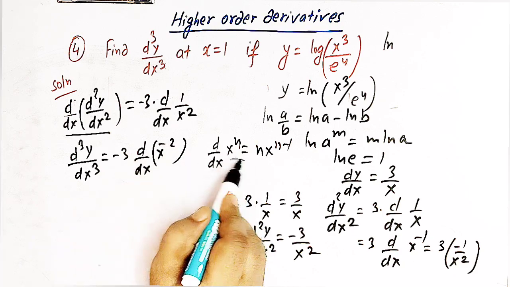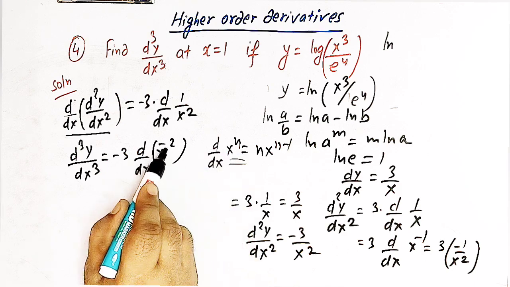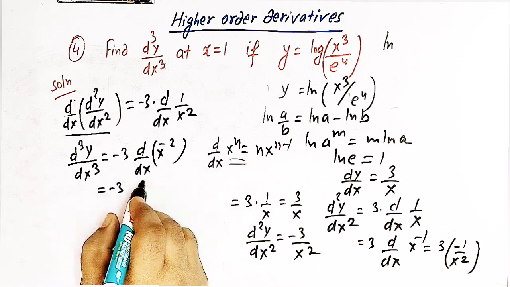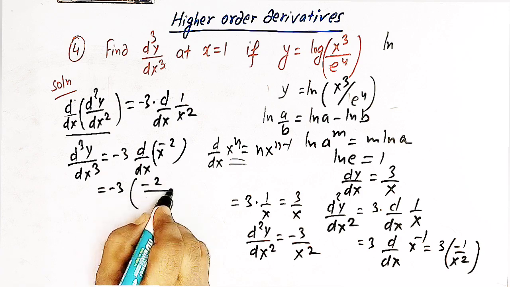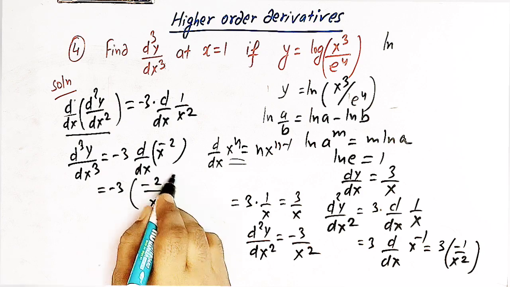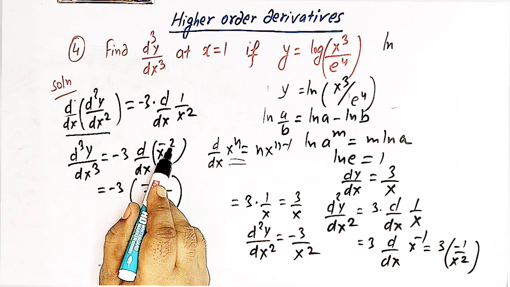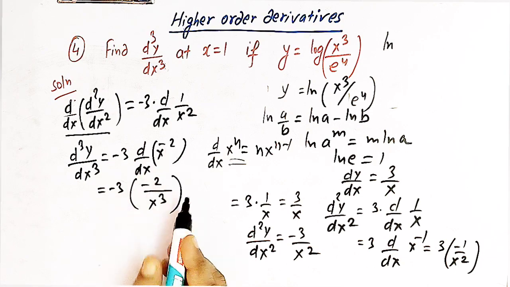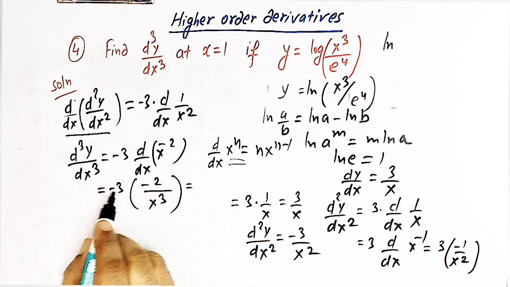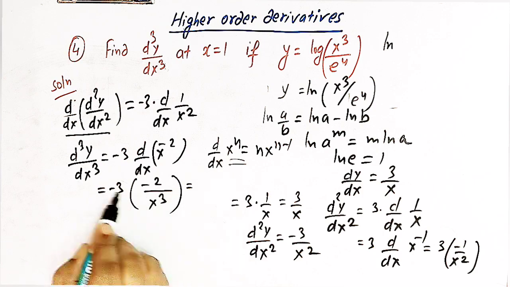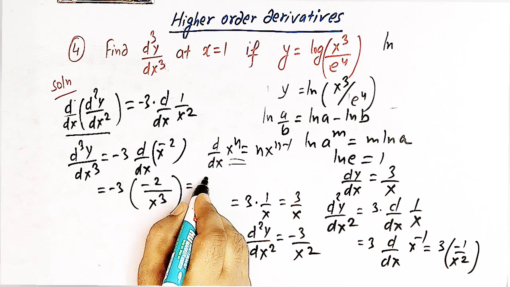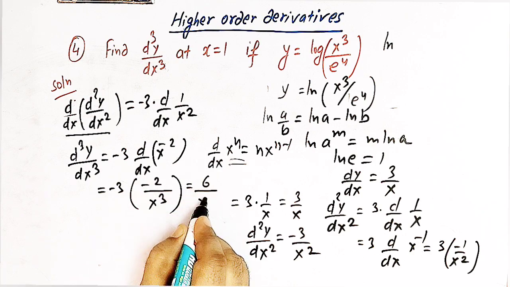So again, using this power rule here, we have minus 3 and we have minus 2 over x raised to 3, right? So the derivative of x raised to minus 2 is minus 2 over x cube. That is multiplying both these quantities, we have minus minus plus, so we have 6 over x cube.